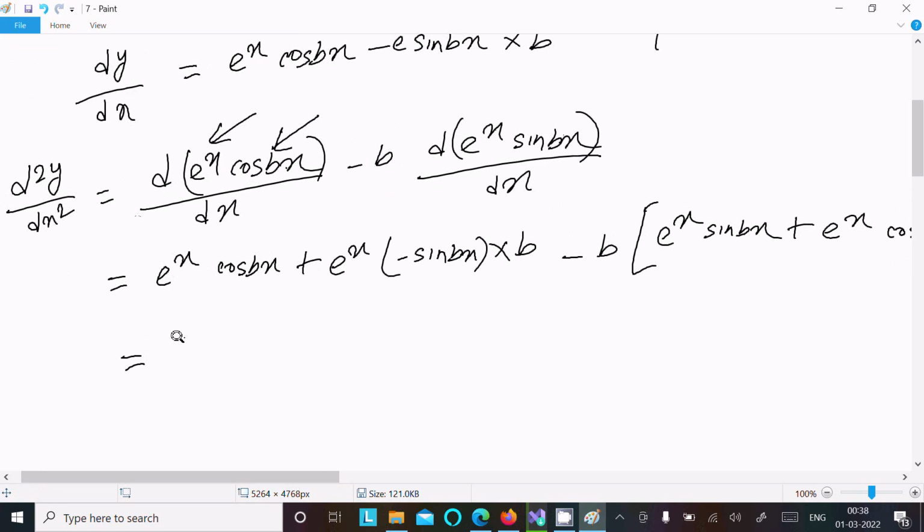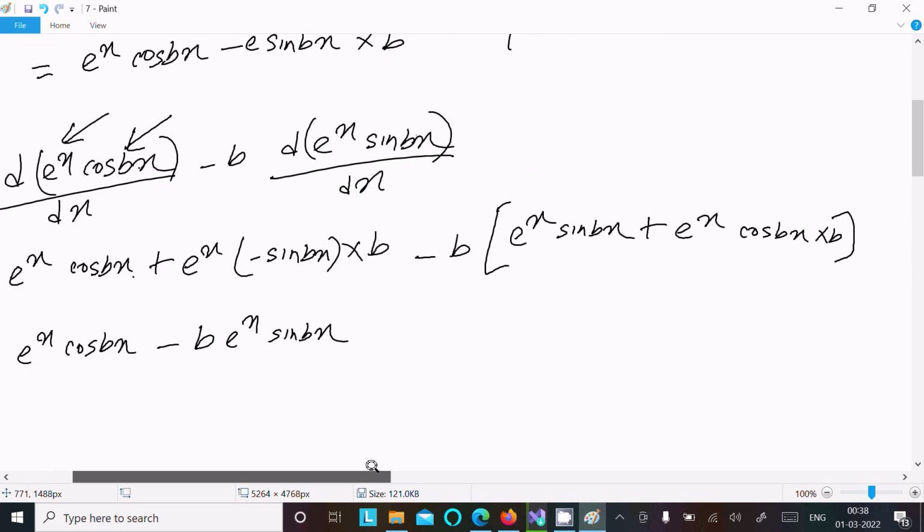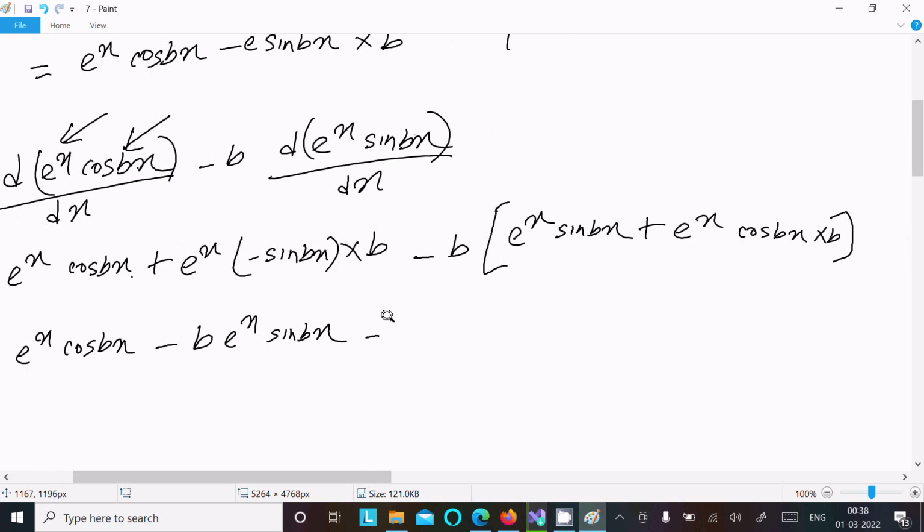After that we can write e power x cos bx, and this is now plus, minus minus, b e power x sin bx, and the next is minus b e power x sin bx, and after that minus b e power x, so this is now b square, minus b square e power x cos bx.